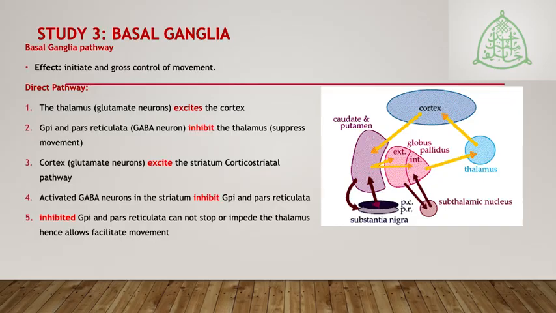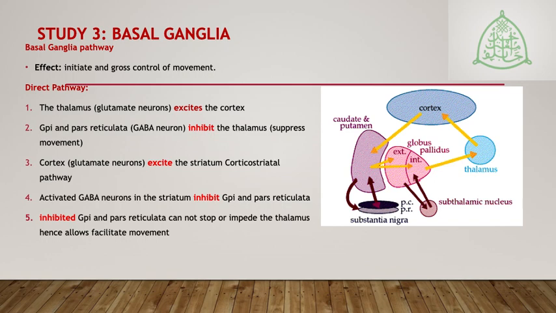The striatum, like we said, is the caudate nucleus and the putamen. When the cortex sends excitatory information to the striatum, then the striatum is going to send inhibition. So the striatum is going to prevent the globus pallidus interna from acting on the thalamus.